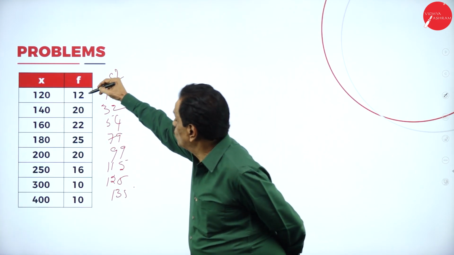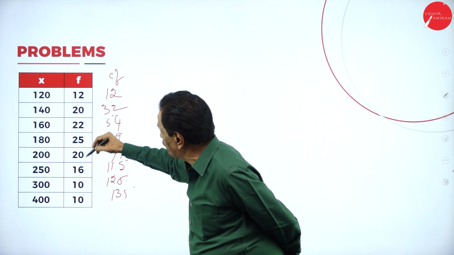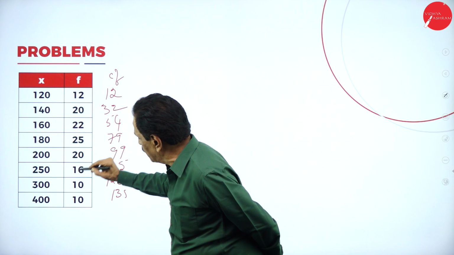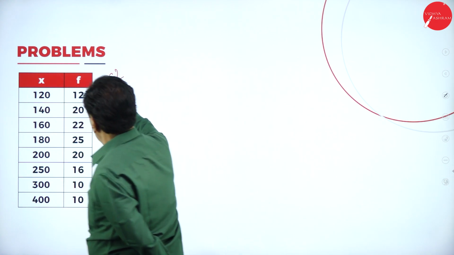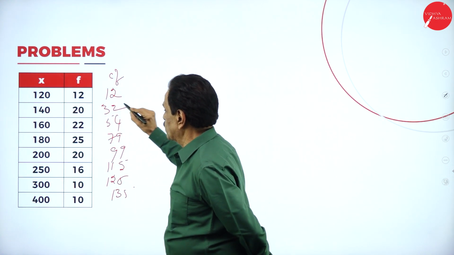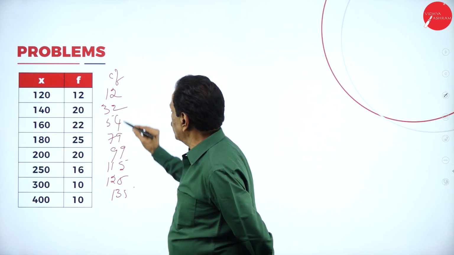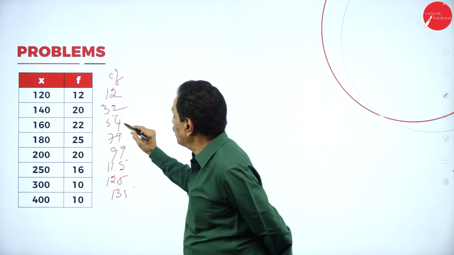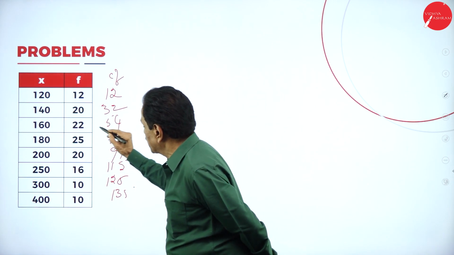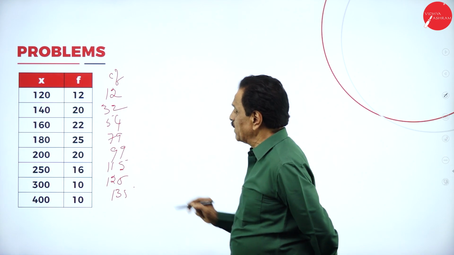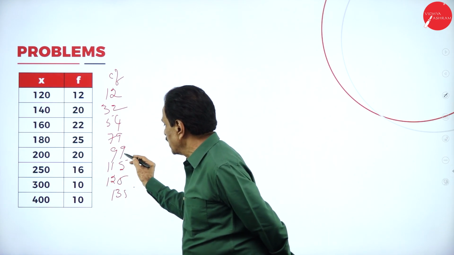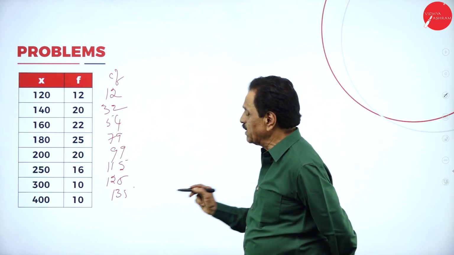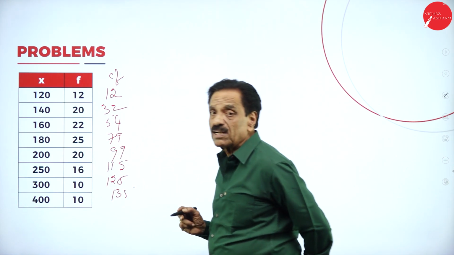Here, 12 plus 20 is 32. 32 plus 22 is 54, plus 25 is 79, plus 20 is 99, plus 16 is 115, plus 10 is 125, next 135.